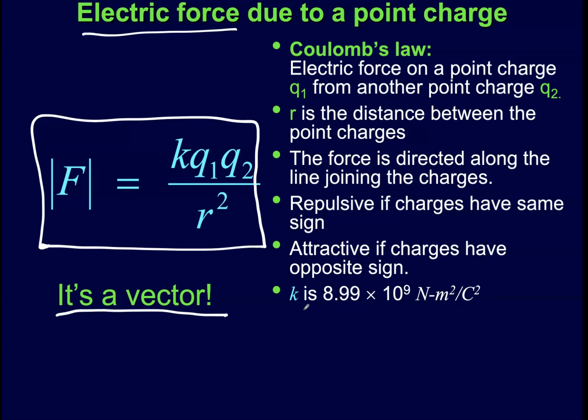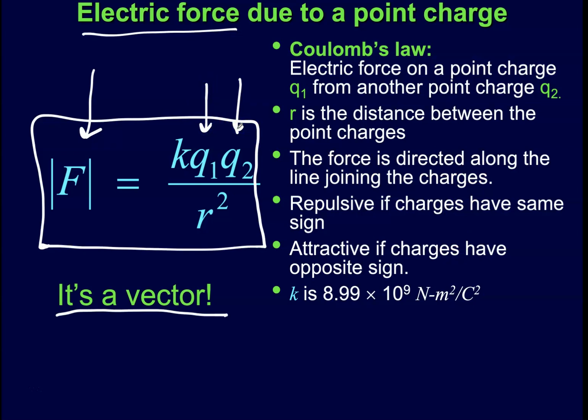Now, everyone does this a little differently, but when I'm doing these problems, I just think about the force as being the magnitude, and then I use my head to figure out which way those vectors are pointing. I think that's easier, though everyone's different. What that means is you're just going to plug in the magnitude for Q1 and Q2. You're not going to worry about whether it's positive or negative.